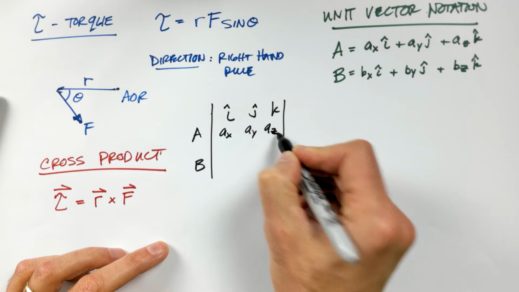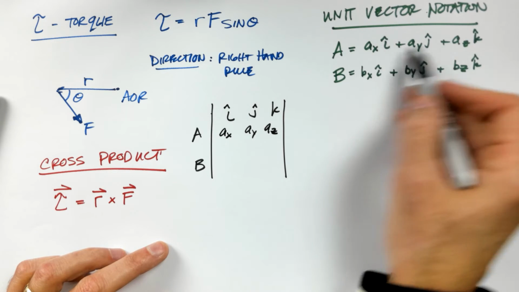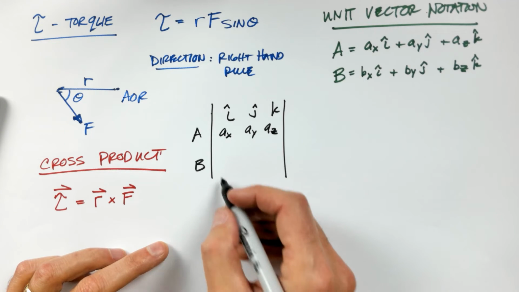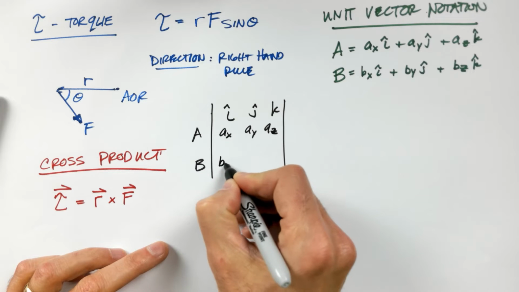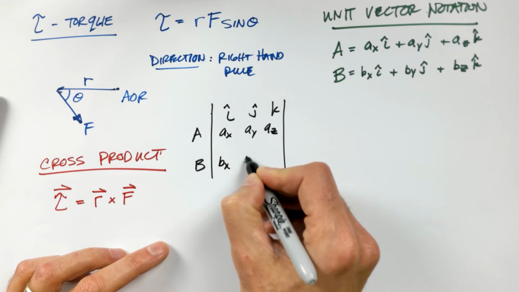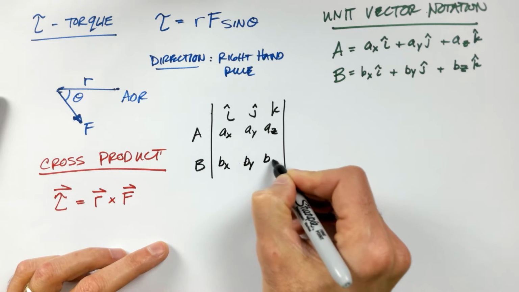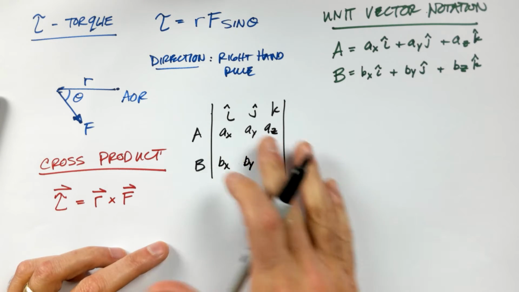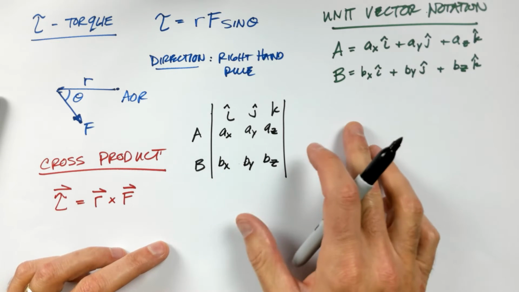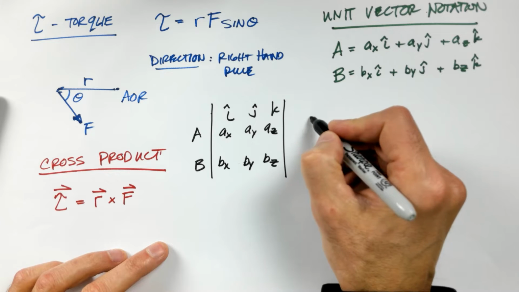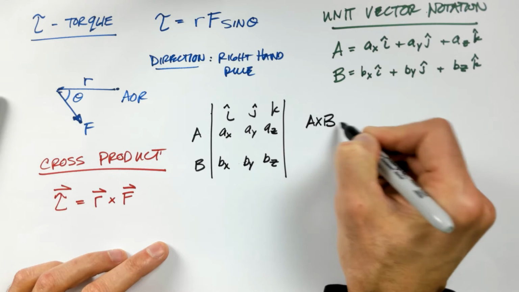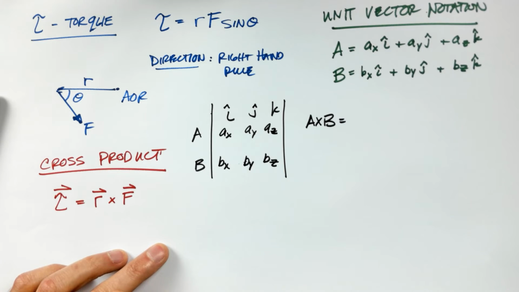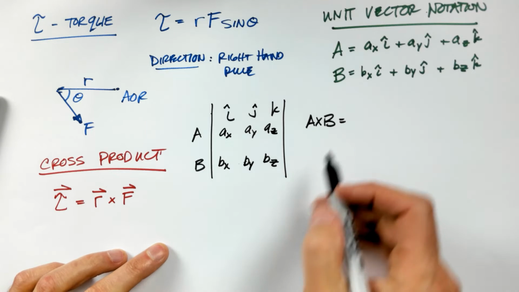I'm just dropping down the i, j, and k components of vector A. Vector B likewise would be B_x, B_y, and B_z. And this matrix will help us to actually calculate A cross B.